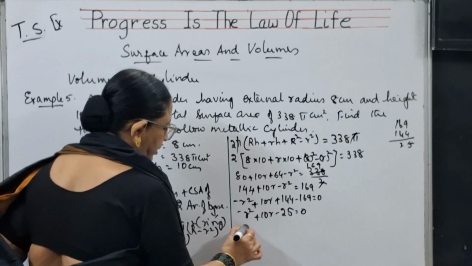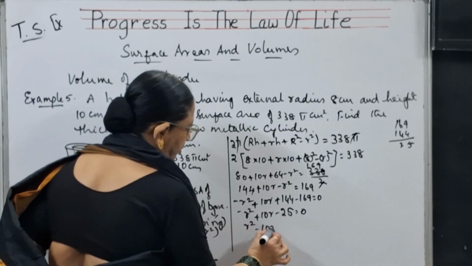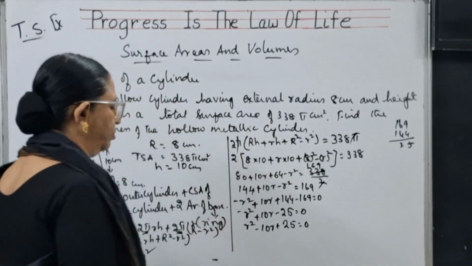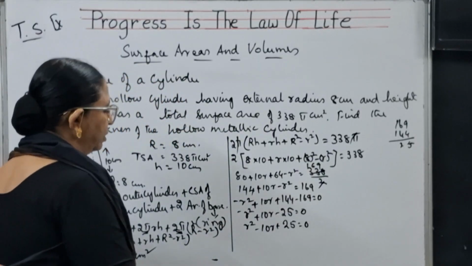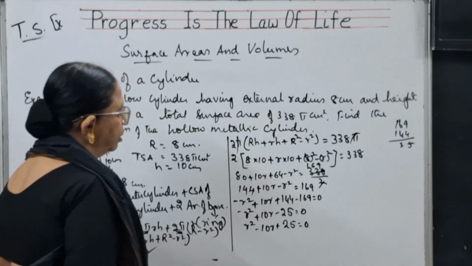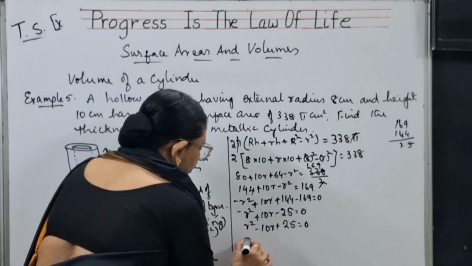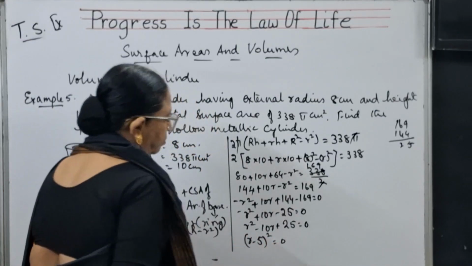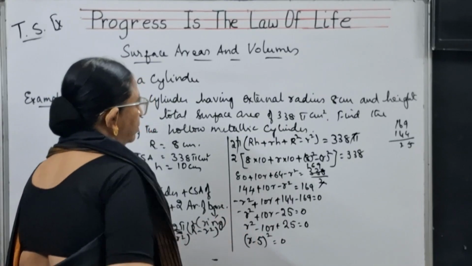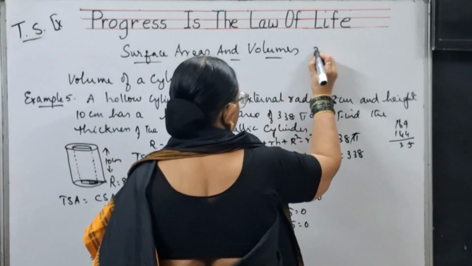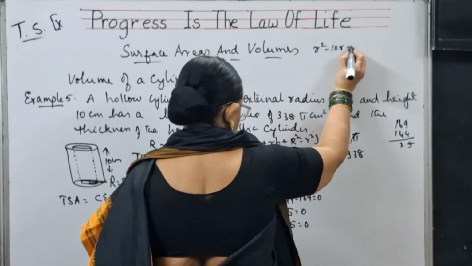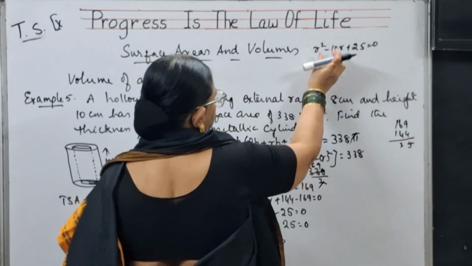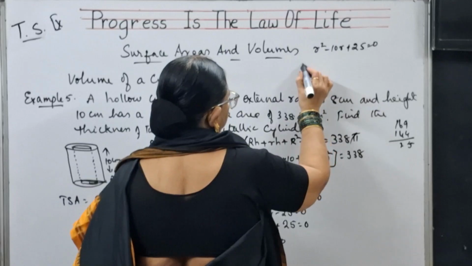It can also be written as r square minus 10r plus 25 is equal to 0. So this is in the form of r minus 5 whole square, children. r minus 5 whole square is equal to 0. How will you get it? I'll do it here. r square minus 10r plus 25 is equal to 0. When you split the middle term, 5 5s are 25.